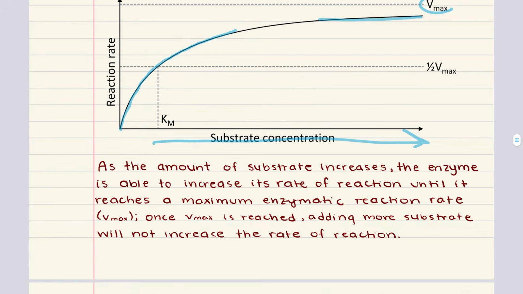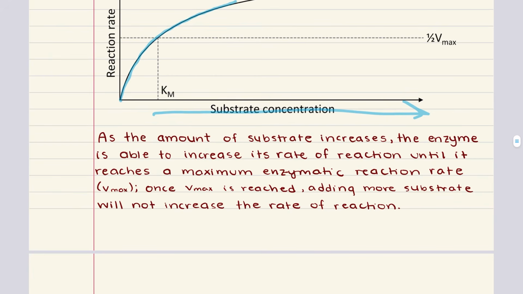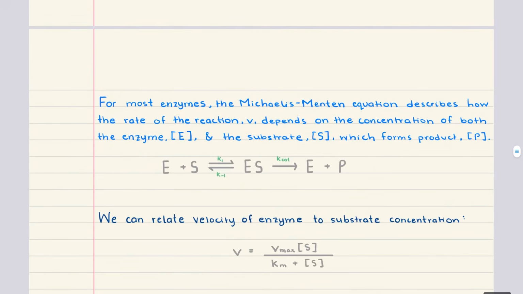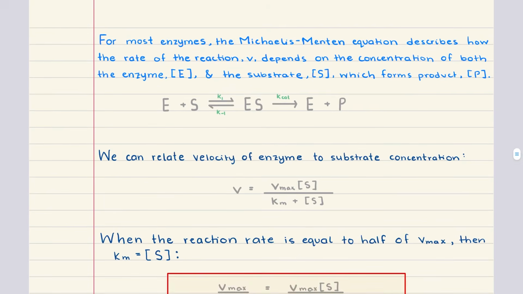To describe this relationship mathematically, we're going to be using the Michaelis-Menten equation. It helps us understand how reaction rate changes as substrate concentration changes. And the equation that we're going to be using here is shown in this part. Here, V is the rate of the reaction. [S], in brackets, is the concentration of the substrate.